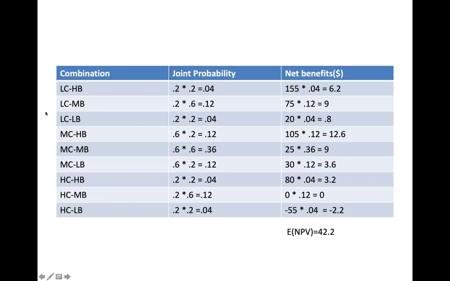So here's the combinations. And then here's the associated joint probabilities. So 0.2% of the time it's a low cost times 0.2% of the time it's a high benefit, gives you a 0.04 that you're going to end up with this 155 net benefit.